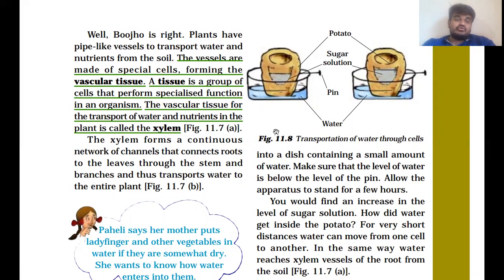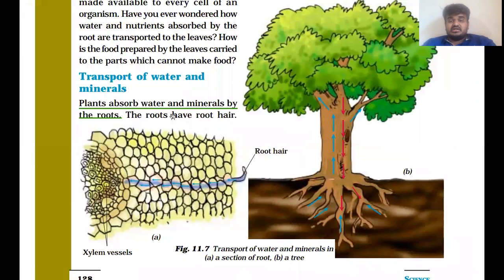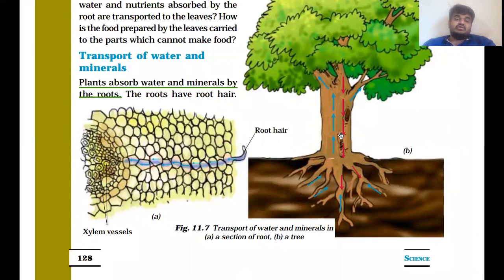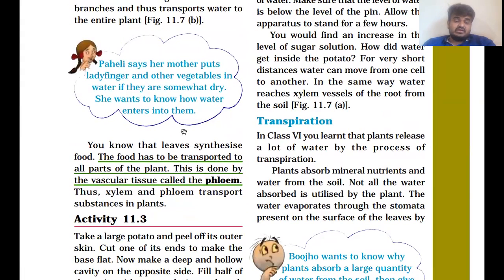The vascular tissue for the transport of water and nutrition in the plant is called the xylem. So whatever tissue is transporting the water and minerals in the plants is known as xylem only. The food has to be transported to all parts of the plant. This is done by the vascular tissue called the phloem.